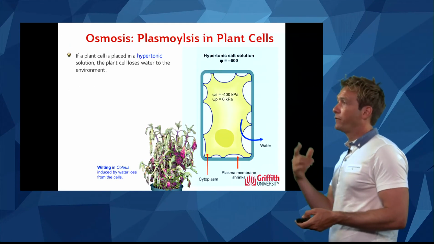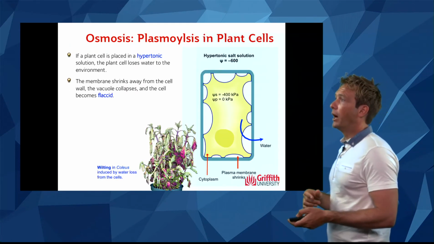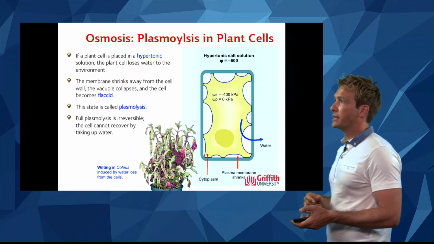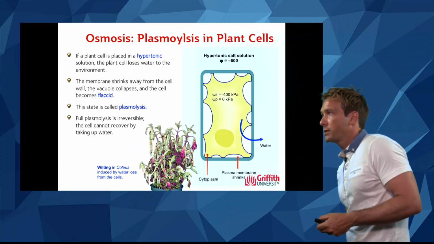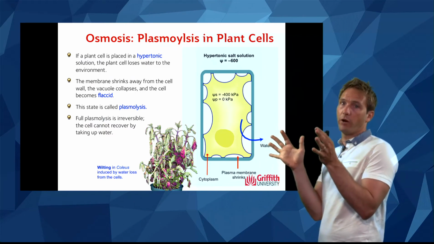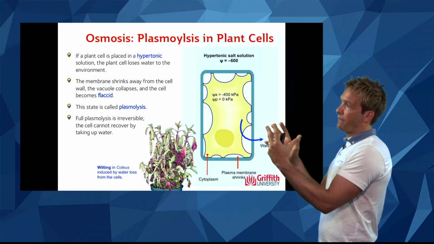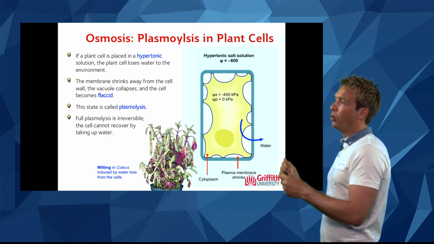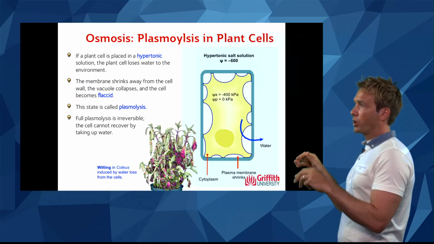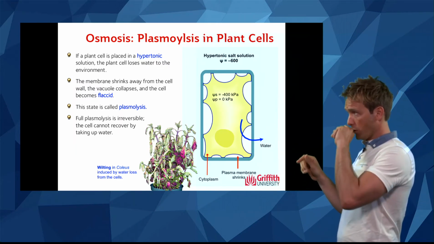Okay, we've talked about this really quickly before. All this is saying is that plasmolysis is the tendency for the cell membrane of plant cells to suck away from the cell walls when they're in what's called a hypertonic salt solution.